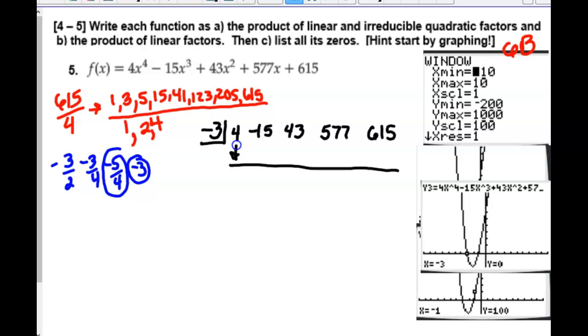All right, bring down the 4, multiply, and we get -12, add, and we get -27, multiply, we get +81, add, and we get 124, multiply, and we get, somebody help me, 372? Okay, 372. Add, and we get 205, maybe?